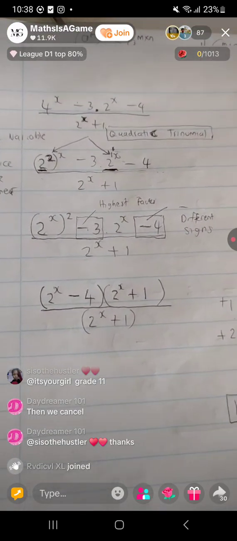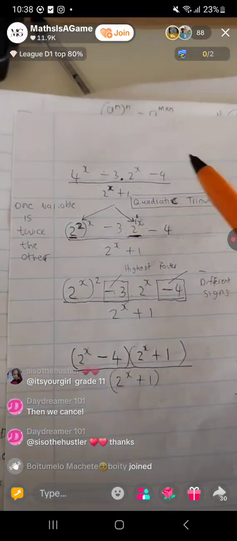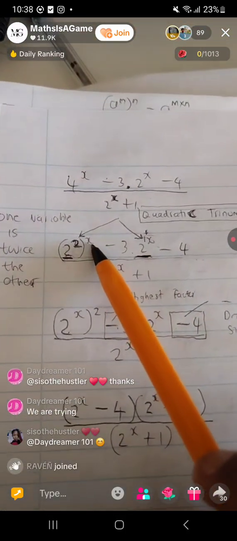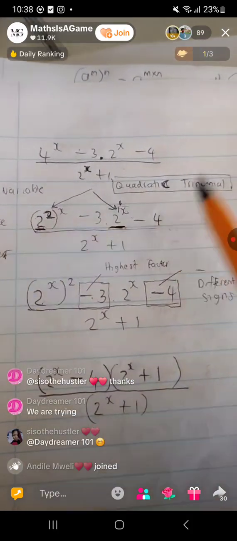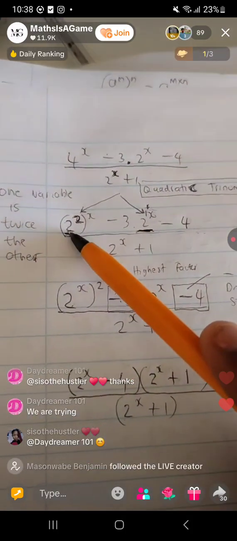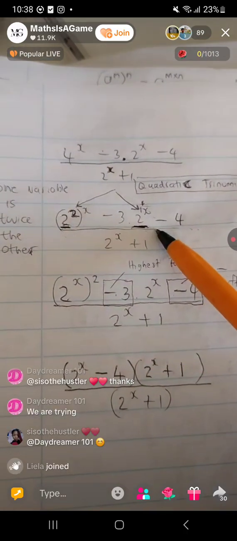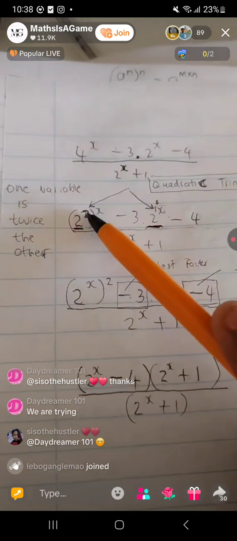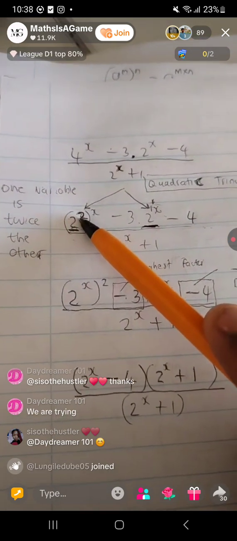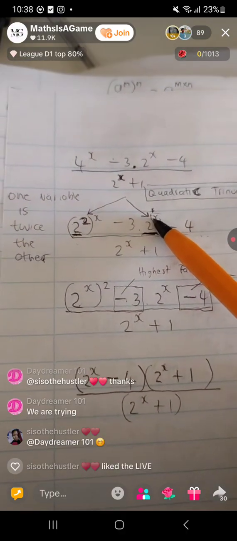Okay, simplification of exponents. Quadratic trinomial factorization in exponents is made possible when you have 3 terms, the base is the same for your different terms, and the exponent of the variable has a coefficient that is 2 times the other one.